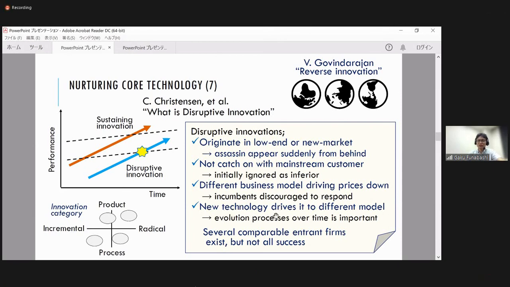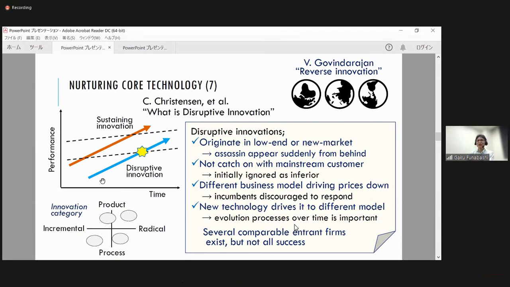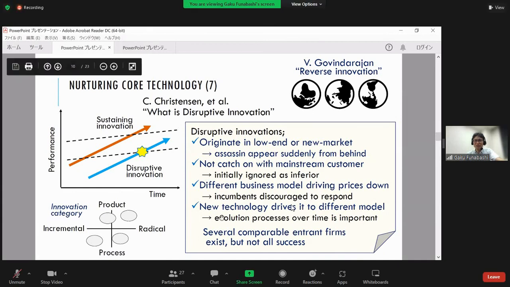And new technology drives the different model. Uber uses an application with which people can ask a car to come to their place. Taxi companies did not use this kind of application; they had different programs, different systems. So those companies with disruptive innovation usually use new technologies.